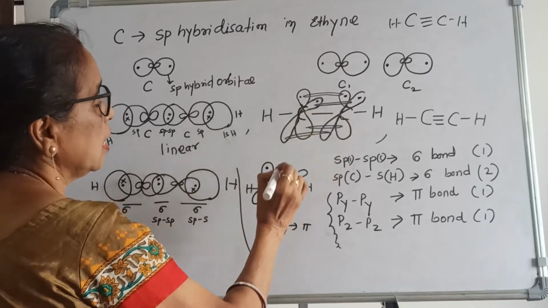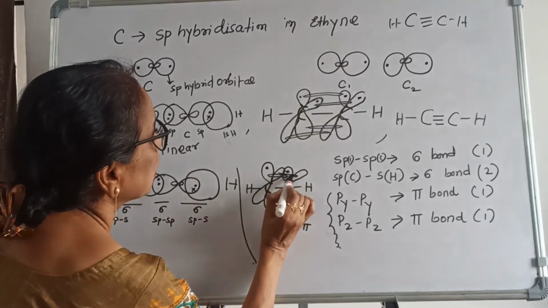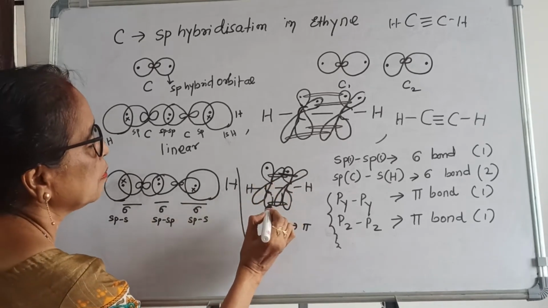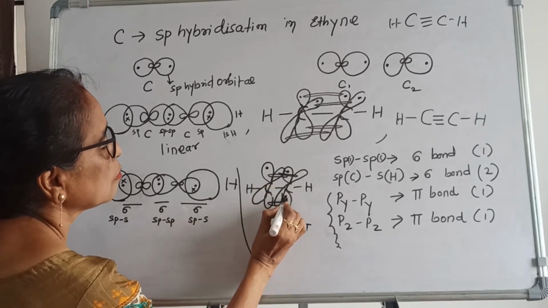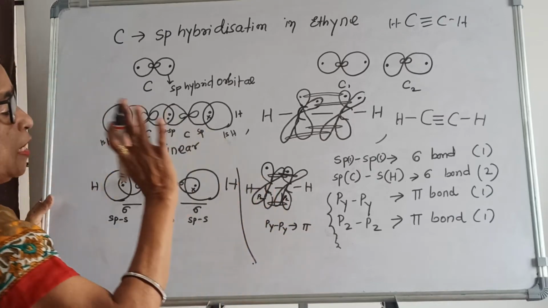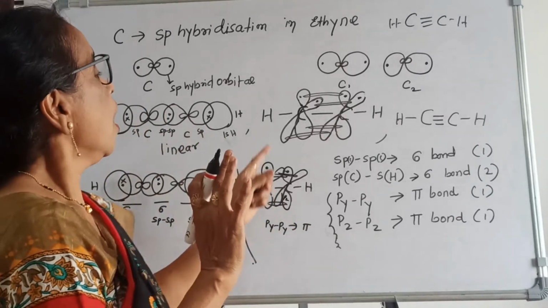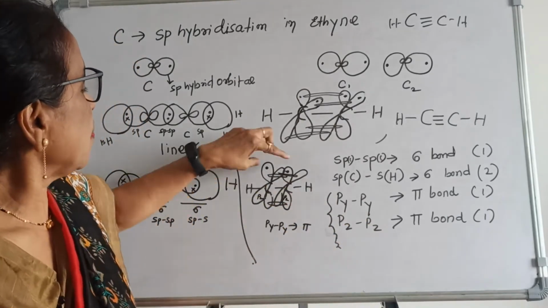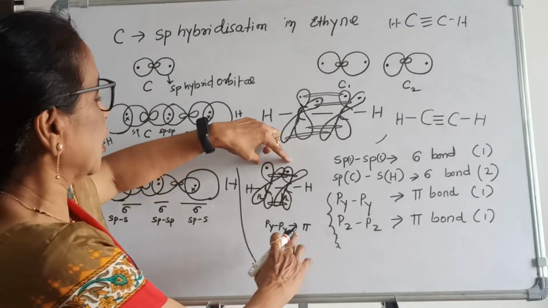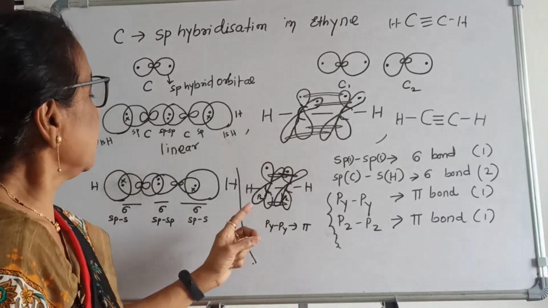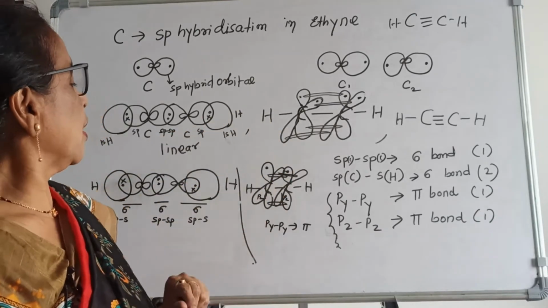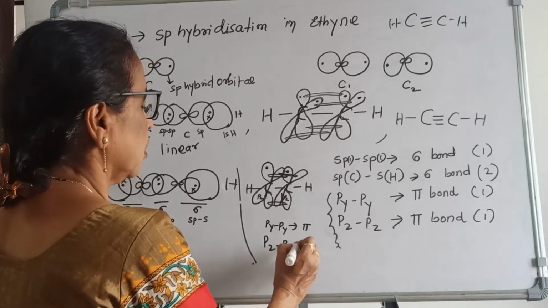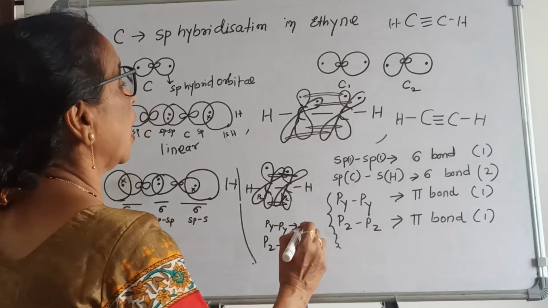See the diagram. Here overlapping takes place between py and py, and between pz and pz. Sorry, one is py, the other is pz. Py overlapping takes place, that forms a pi bond, and similarly pz overlapping takes place, that forms a pi bond. Are you clear?